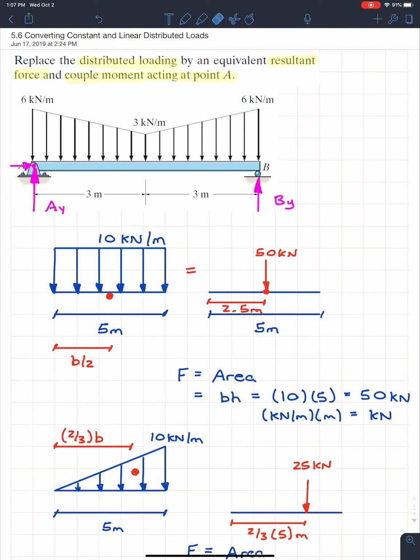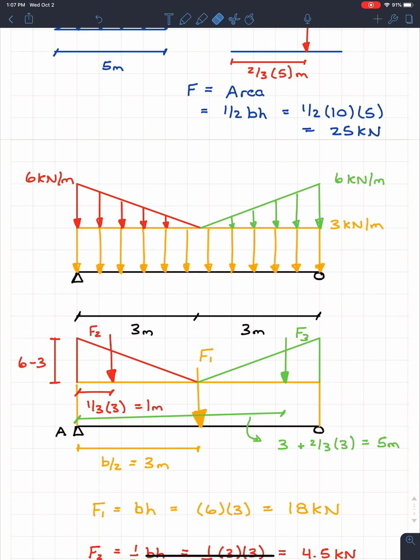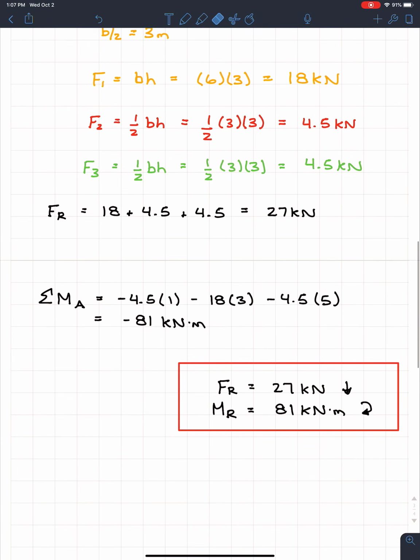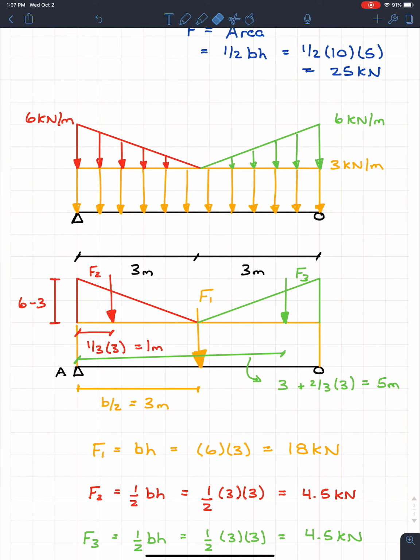So this concept is very, very important, but right now we're just focusing on turning those distributed loads into specific point loads at specific locations, and that's it. We did that, and we found the resultant force and the resultant moment. But realistically, this middle diagram with F1, F2, and F3, that's what's going to be important for you guys moving forward, creating those diagrams in your free body diagrams.